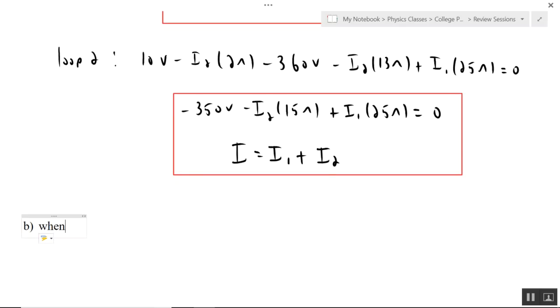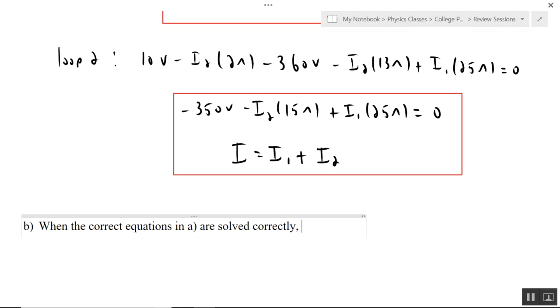Okay, so when the correct equations in A are solved correctly, I guess, you could write the wrong equation down or write the right ones down and then solve them incorrectly.